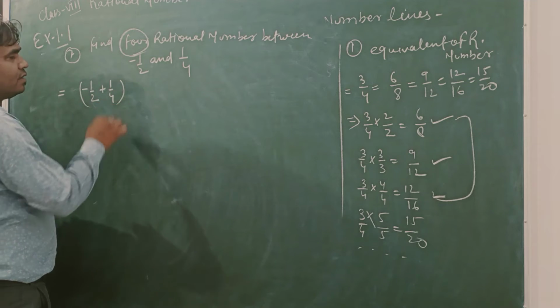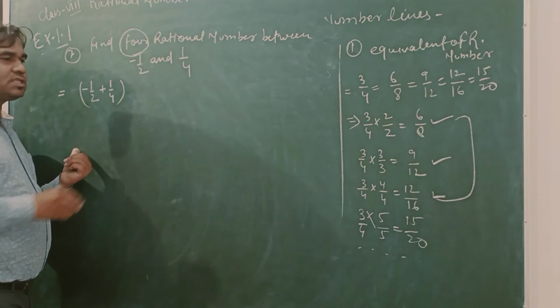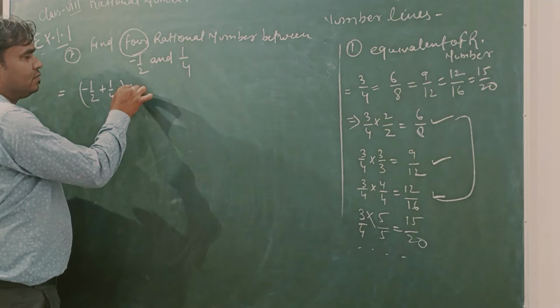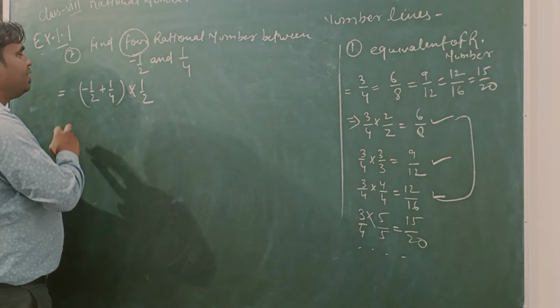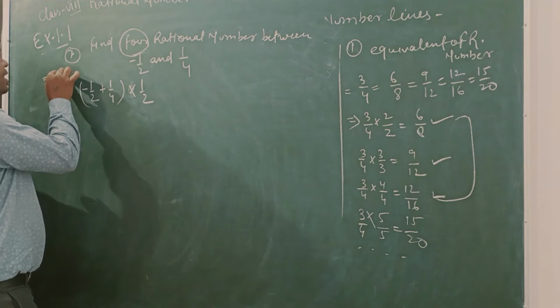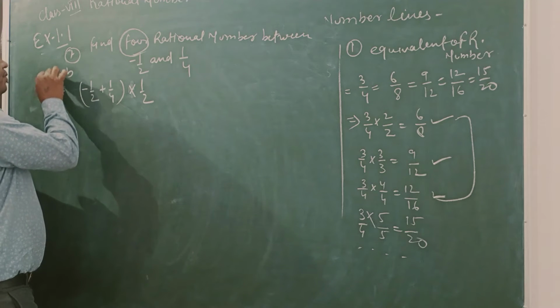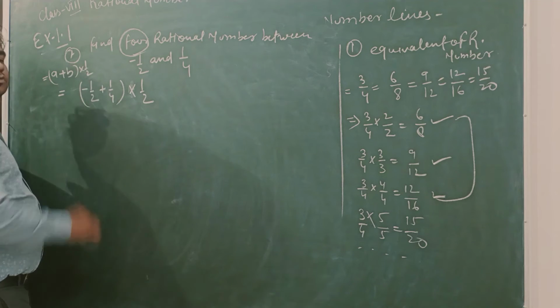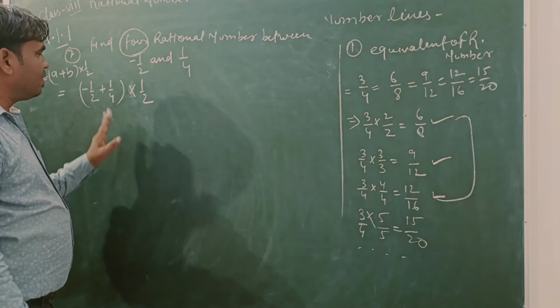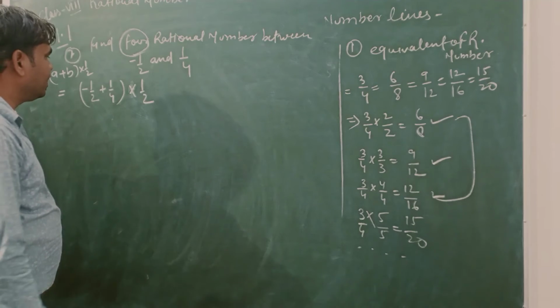It means to say we have to find this by this method. This is the formula you can apply: A over B multiplied by 1 over 2. So you can apply this formula from here.